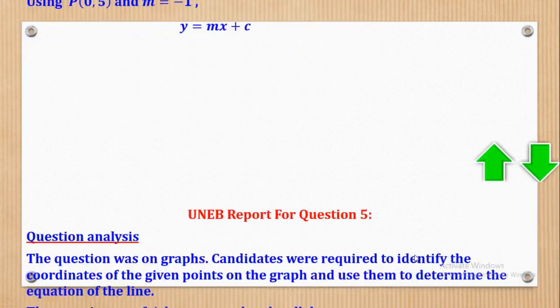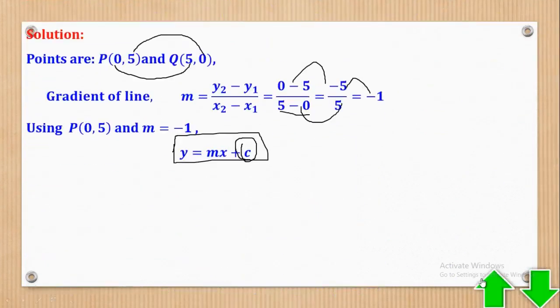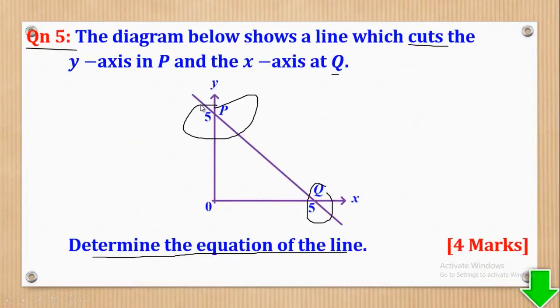For example, you realize that this line cuts the y-axis at this point, and the y-coordinate is 5. What does that mean? It means that c is equal to 5.